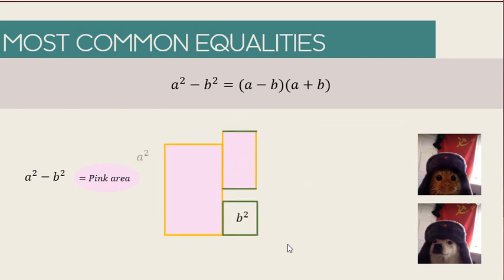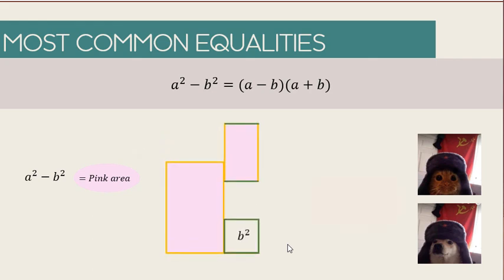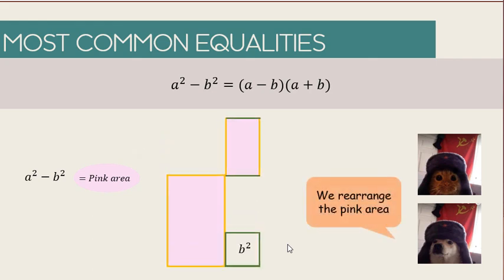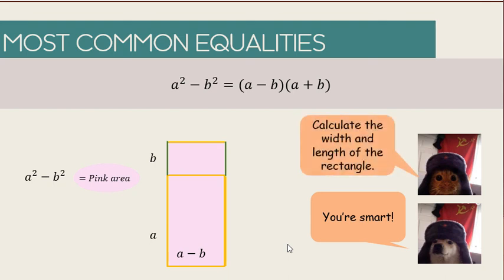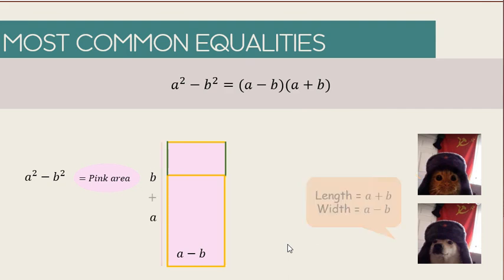That's why the width of the small rectangle is b. And the length of the bottom rectangle is a, obviously. Now we have a big rectangle with the area of the pink area, which is unchanged. And now we calculate the width and the length of the rectangle. The width is already shown here, a minus b, and the length is a plus b.